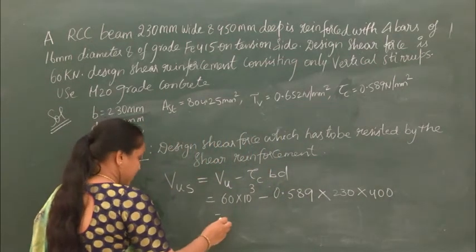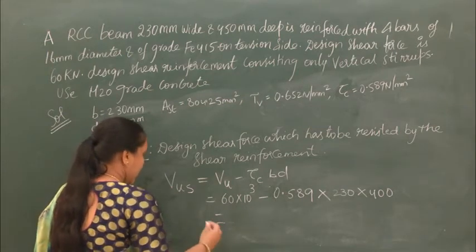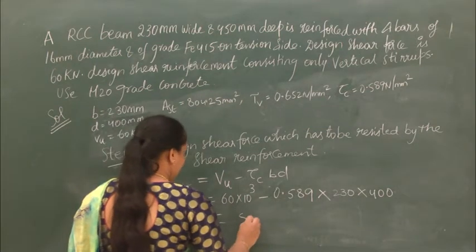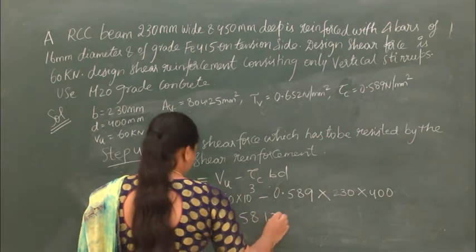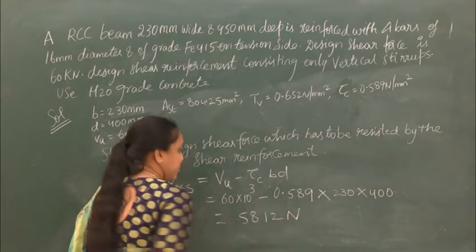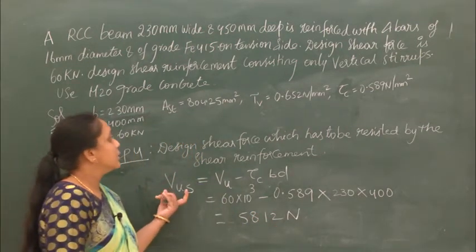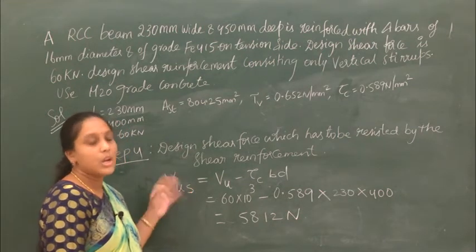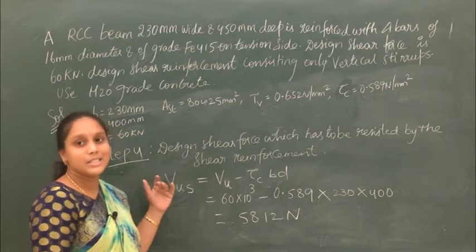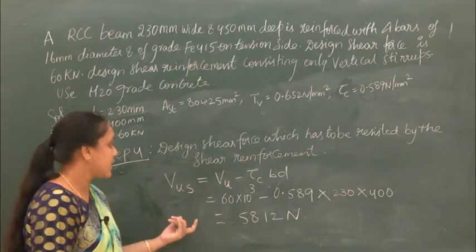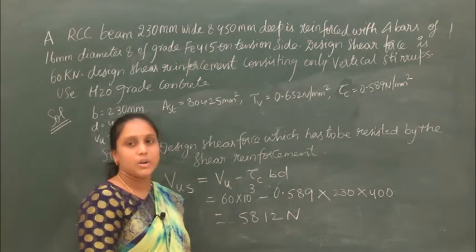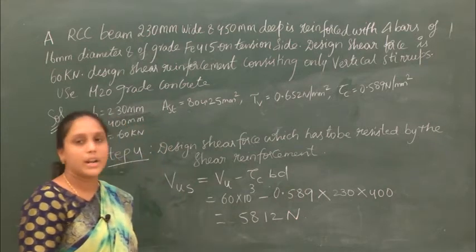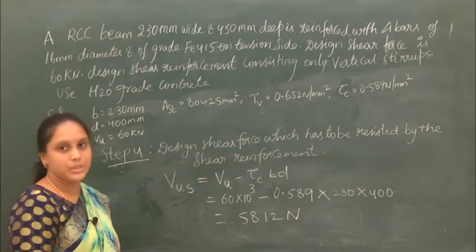From this you will get VUS as 5812 newtons. So the shear force which has to be resisted by the shear reinforcement is 5812 newtons or 5.81 kilonewtons.